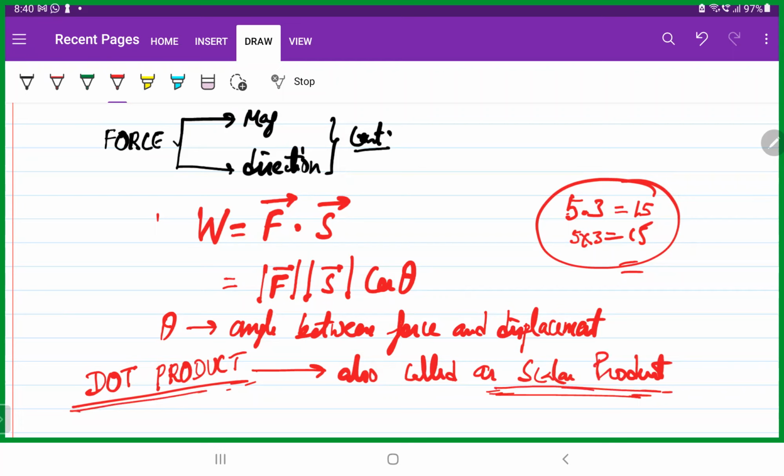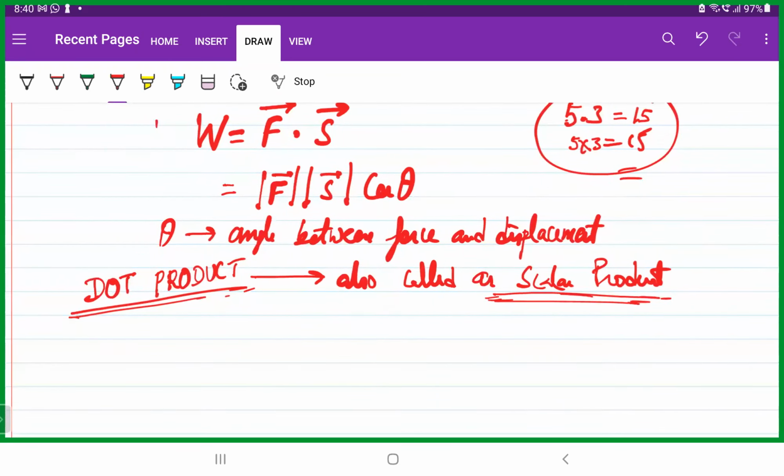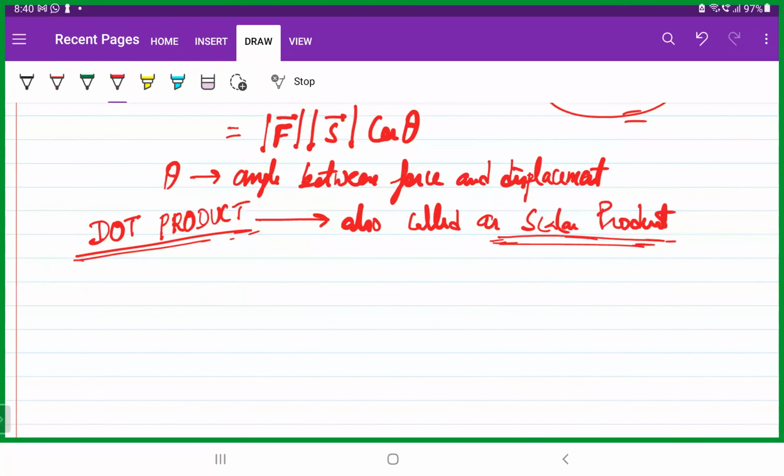So work done is nothing but the dot product of force and displacement, which is the magnitude of force, magnitude of displacement, and cos of the angle between them.